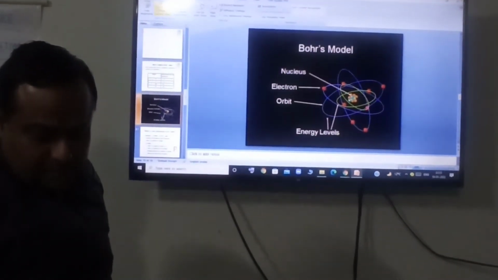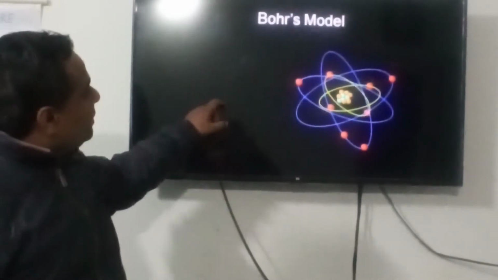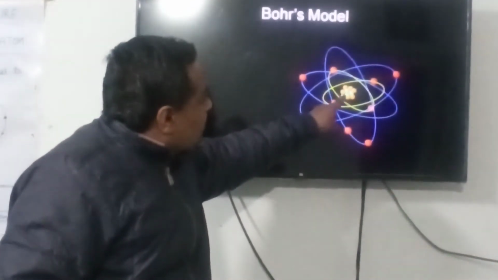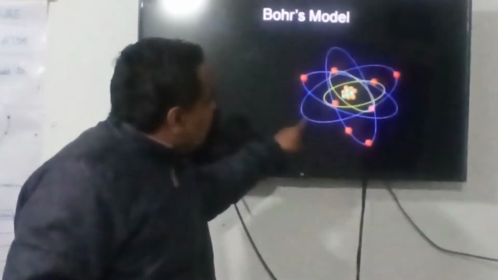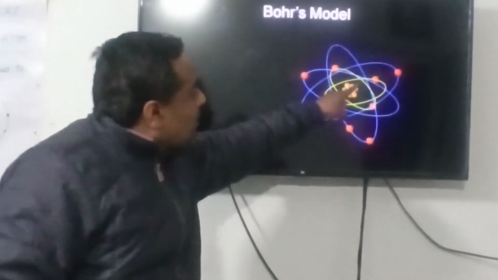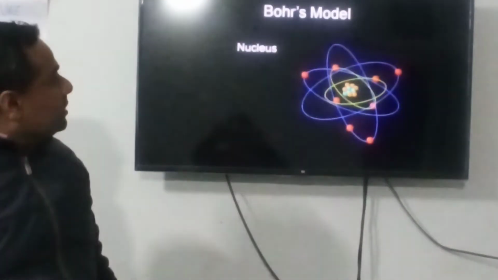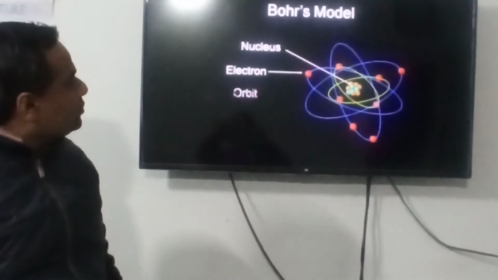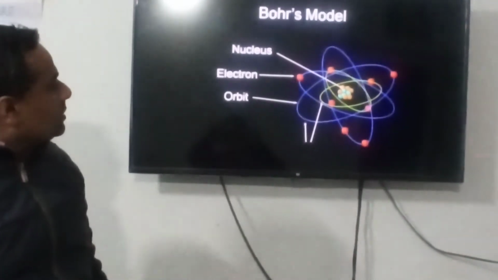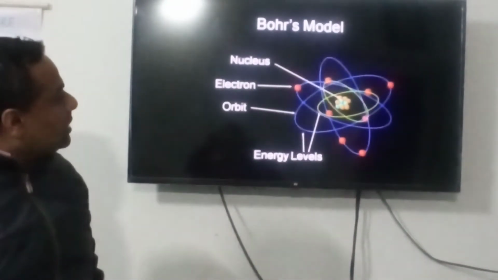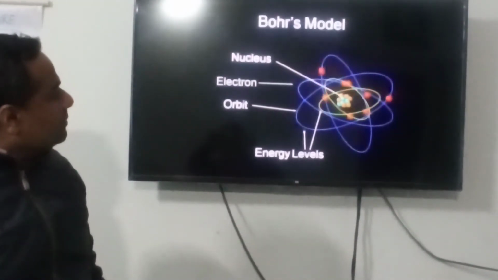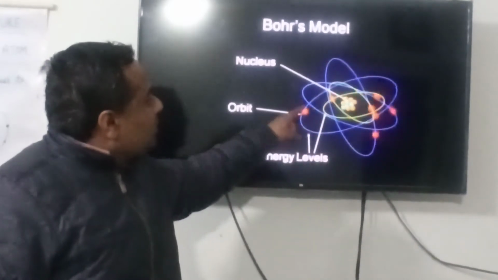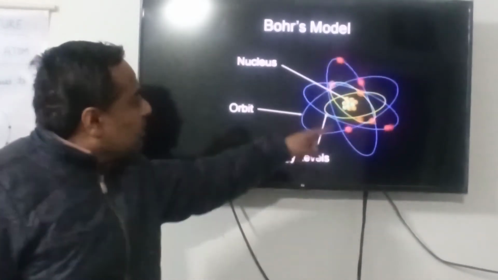In this model, this is our nucleus, these are the orbits of the electrons, and these are the electrons. These are the orbits, and these are the energy levels. These electrons are moving around the nucleus in those orbits.